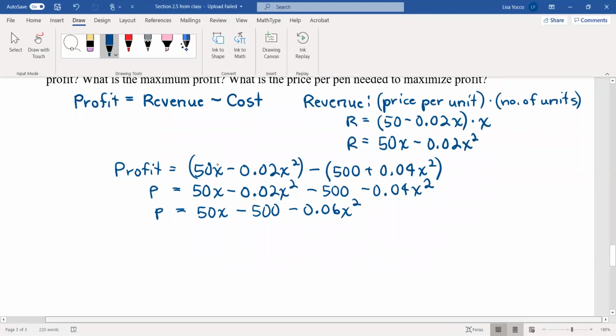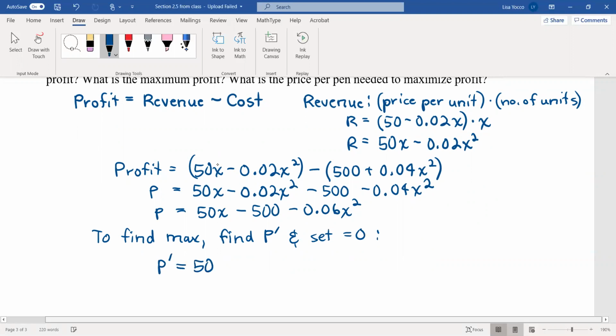Okay. So again, to find the maximum, we need to find the derivative and set it equal to 0. So P prime: for 50x, the derivative is 50. Minus 500 is a constant, its derivative is 0.